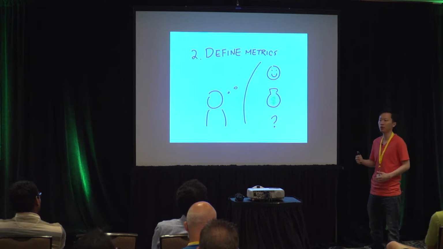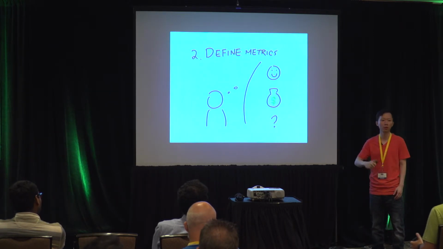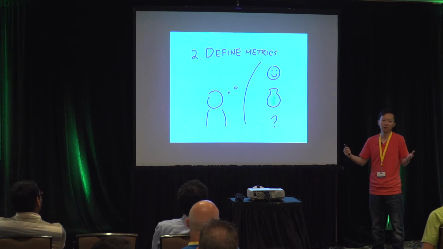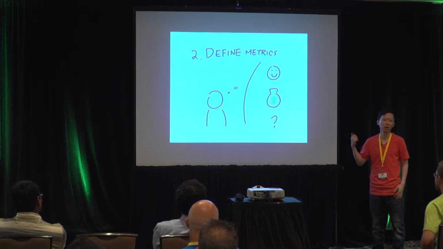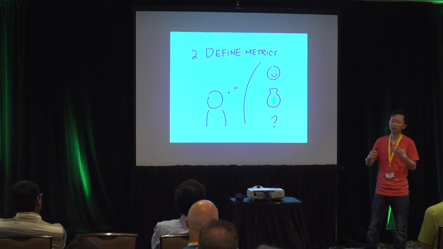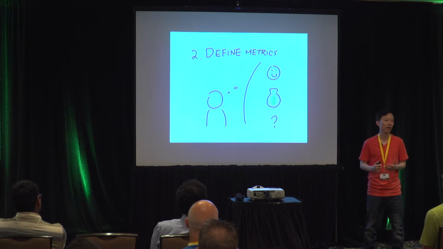There are a lot of things when you start talking to your business owner about what kind of metric you should optimize, or what kind of, in corporate words, KPI, key performance indicator, whatever they want. It's kind of hard to define and make everybody happy. Or rather, it's really impossible to make everybody happy.